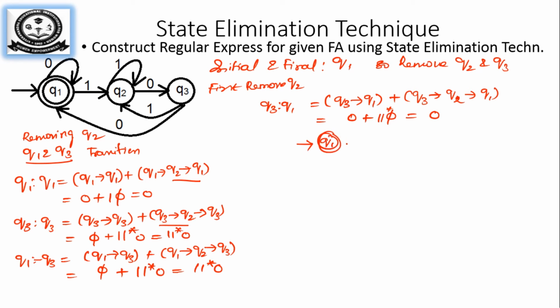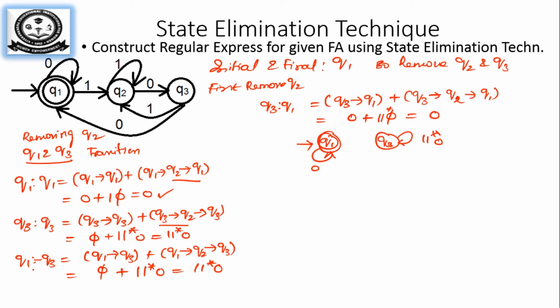So now your diagram after removal of Q2 will be, Q1 is a double circle state. Now self transition, do we have a self transition? Yes, we have a self transition here, it is for 0. Then Q3. So Q3, does it have a self transition? Yes, it has a self transition. So it is 1 1 star 0.